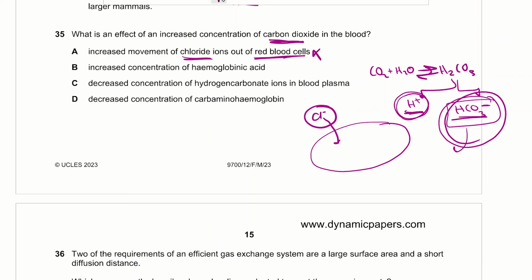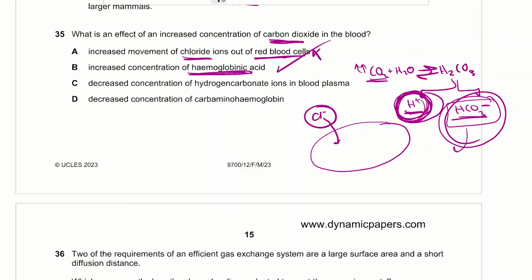B, increased concentration of hemoglobinic acid. So as I said, due to the increase of hydrogen ions in the blood, due to the increased concentration of carbon dioxide, the hydrogen ions bind to hemoglobin, forming hemoglobinic acid. Now, hemoglobinic acid has a way lower affinity to oxygen. Therefore, oxygen is released from hemoglobin. Therefore, this is correct.